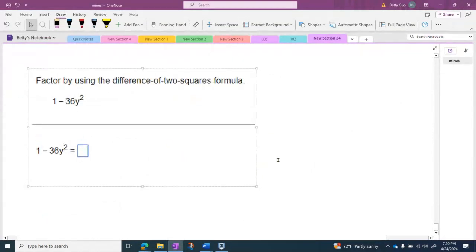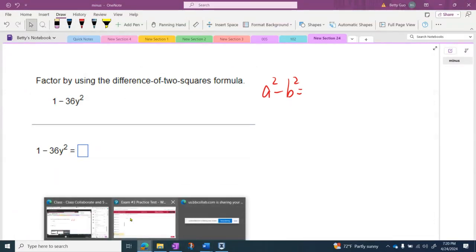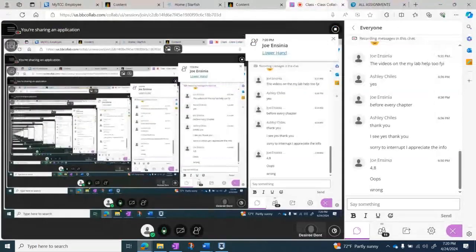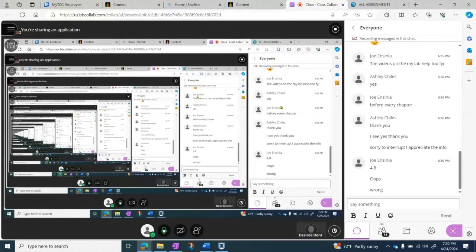Factor by using the difference of two squares formula. This is the difference of two squares formula. Do we have some... Jill, do you have a question? It shows you raised the hand.